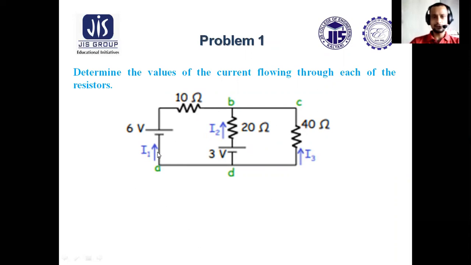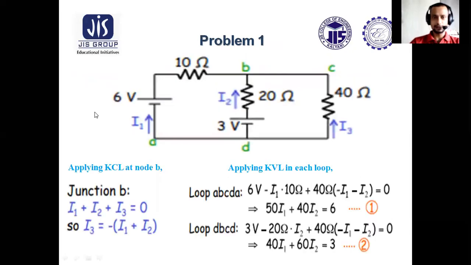If we are asked to find the current through each branch, how can we determine that using Kirchhoff's current law and voltage law? For this circuit, we cannot simply apply the current divider rule or voltage divider rule. So we must opt for Kirchhoff's current law and voltage law together. So let us start with this solution.